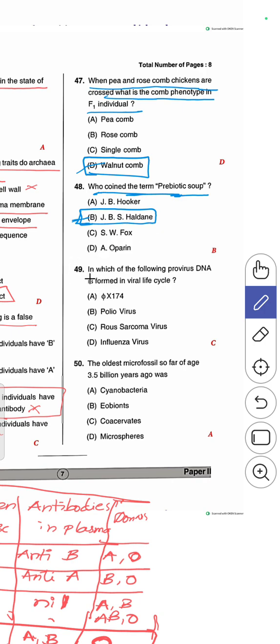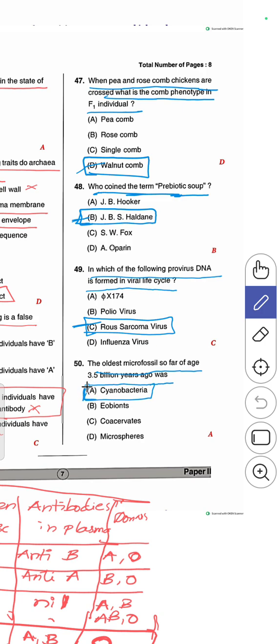Then 49: in which of the following is provirus DNA formed in the viral life cycle? That is Rous sarcoma virus. So it is the right answer. And the last question: the oldest microfossil so far, of age 3.5 billion years, was cyanobacteria.